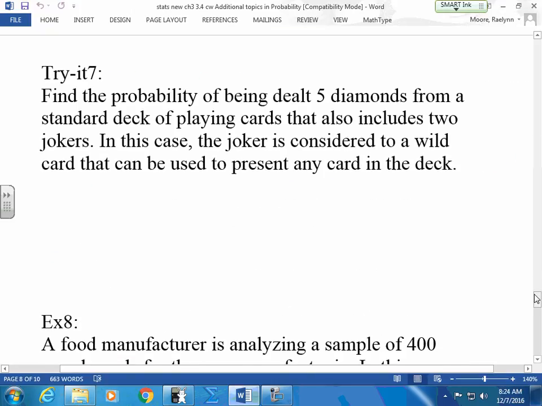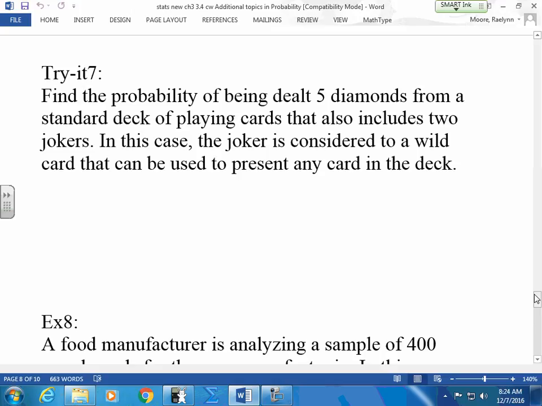It's kind of the same. They just did a little something extra. They included 2 jokers in their cards. So instead of 52 cards, you have 54 cards. And those are wild cards. Does anybody know what wild cards mean?